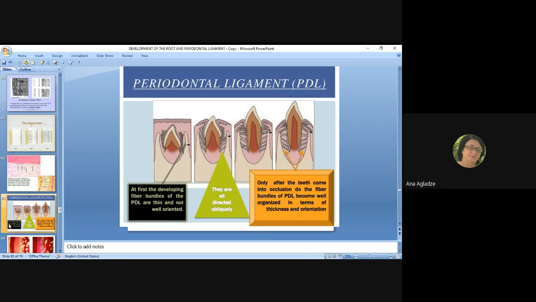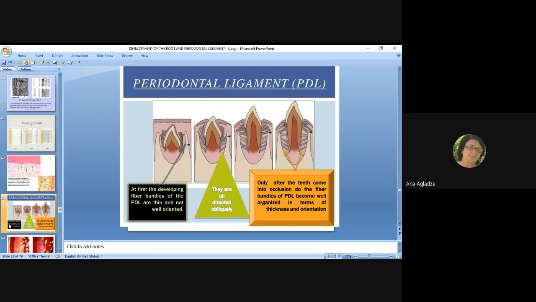The periodontal ligament also contains mesenchymal undifferentiated cells, which are progenitor cells, mainly found perivascularly. There are also epithelial cells in the periodontal ligament, the epithelial rests of Malassez.